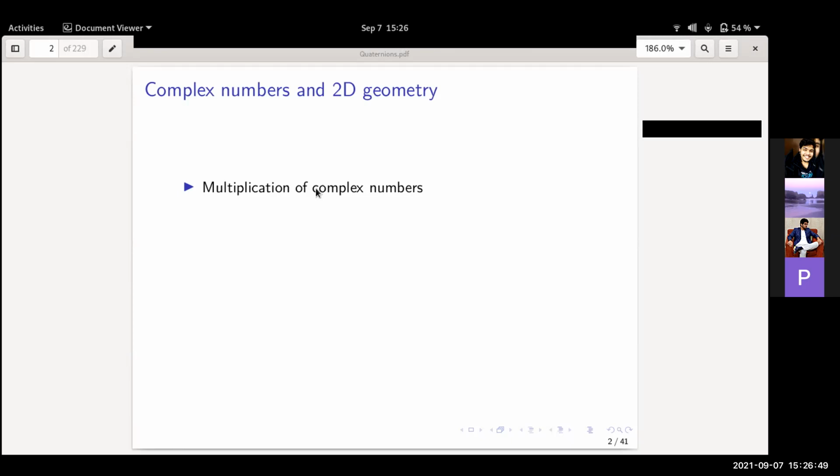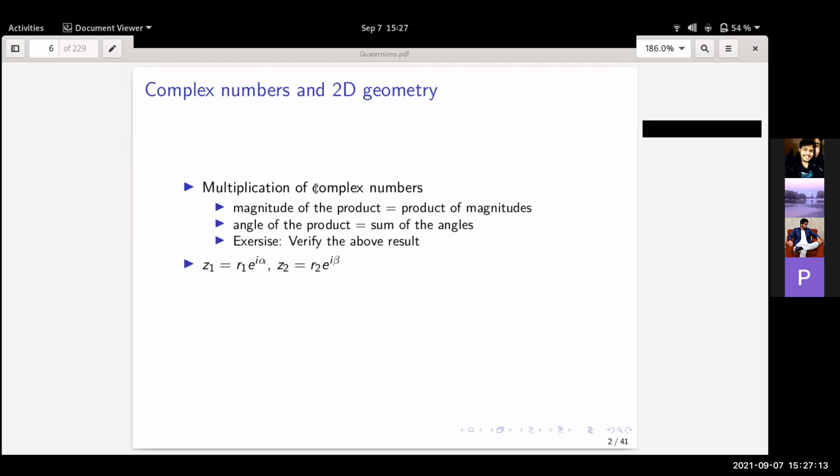Let us consider this: addition of vectors is not rotation, which we can easily verify. Let us check what happens with multiplication. When you multiply two complex numbers, the overall magnitude of the product will be nothing but the product of the individual magnitudes. The angle is nothing but the sum of the angles.